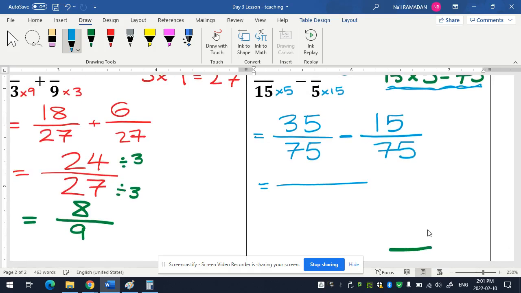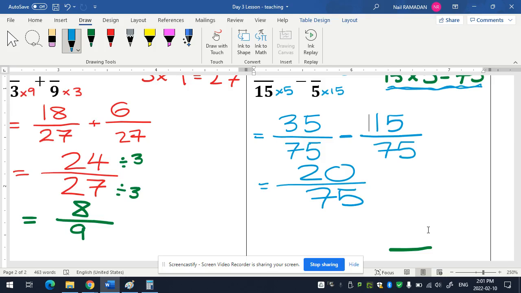Okay. What do I do with those two things now? Do I add or subtract? I subtract. Don't add. We added already before. What's 35 minus 15? 20. Over how much? Over 75, because the bottom never ever changes.